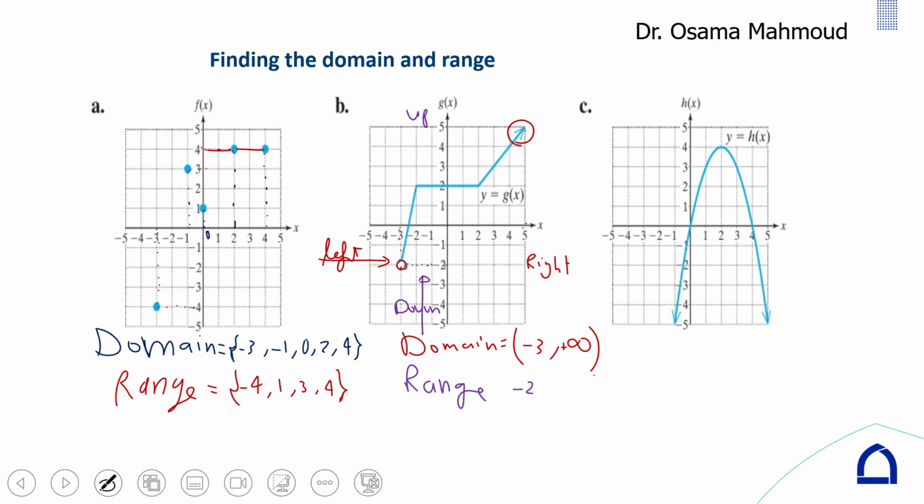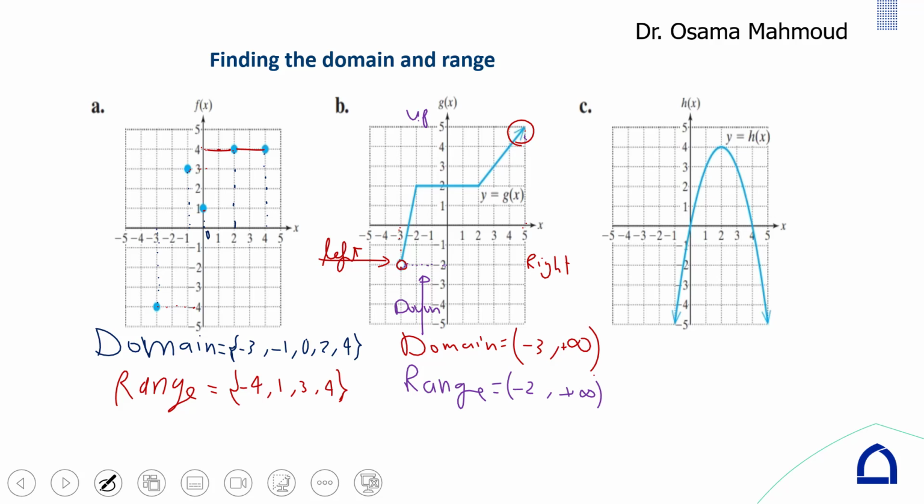And because there is a hole here, it is open, it's not included. If there is no hole, we have a square bracket to be a closed interval. So come from down to up. The far up with this one will also be positive infinity. This is how to find the domain and range. Be careful with the hole and the arrow.